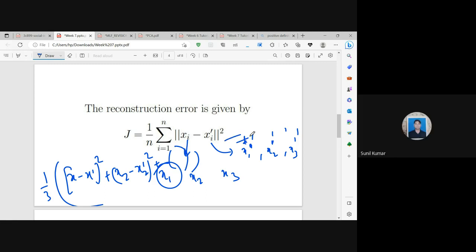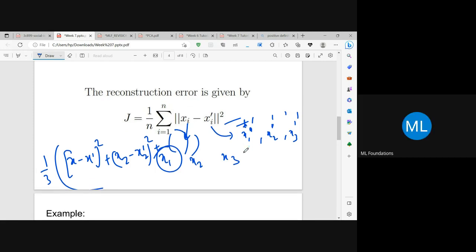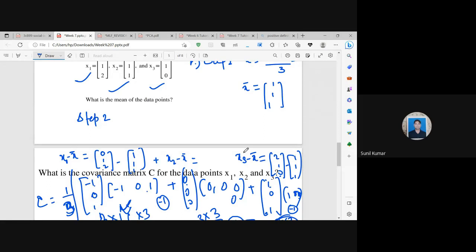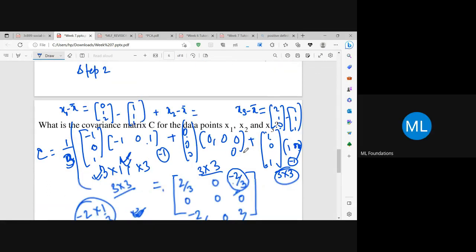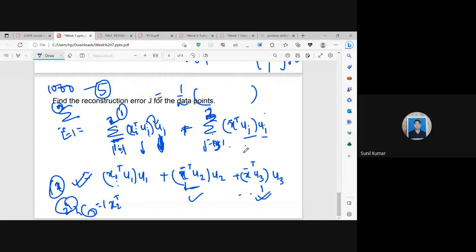Okay. But in the question over here, we have done the 3 to 1 example. So we have just 1 vector. See over here. Can you go a bit down? Okay. Over here, we will be getting one vector only, right?